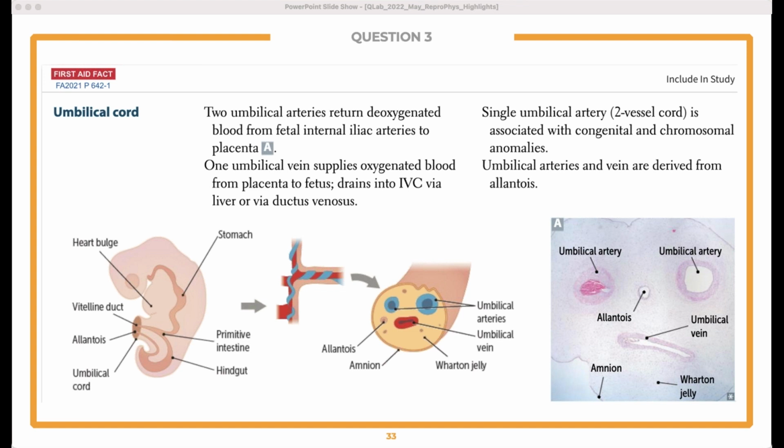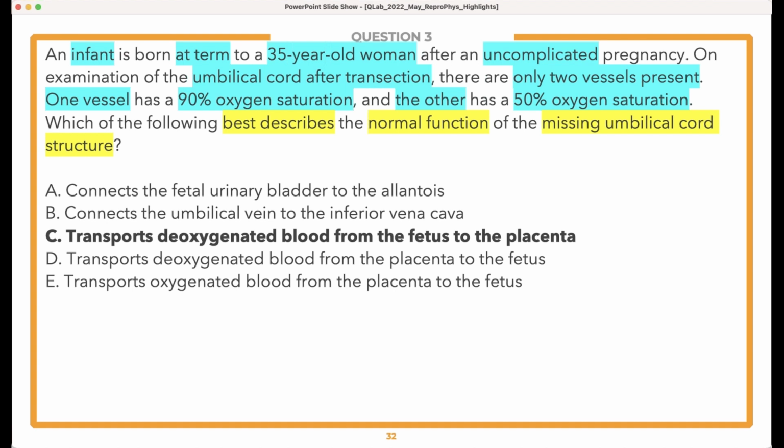If we go back to our question now, in our vignette, we see that one vessel had a 90% oxygen saturation and the other had a 50% oxygen saturation. So we can determine that the missing umbilical cord structure is probably the second umbilical artery. And as we said, the umbilical artery transports deoxygenated blood away from the fetus to the placenta.